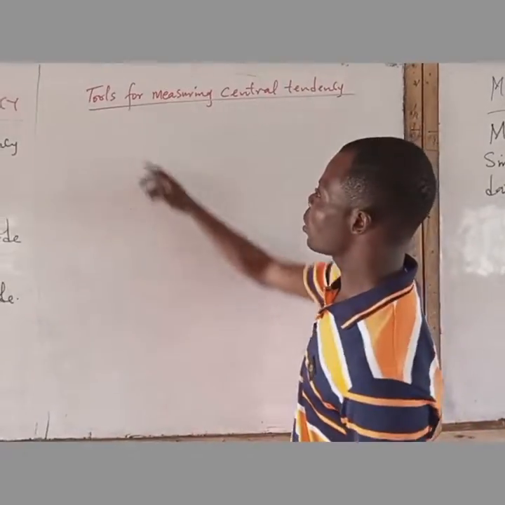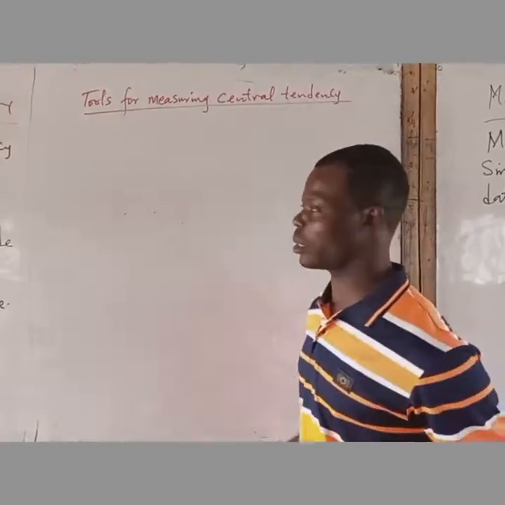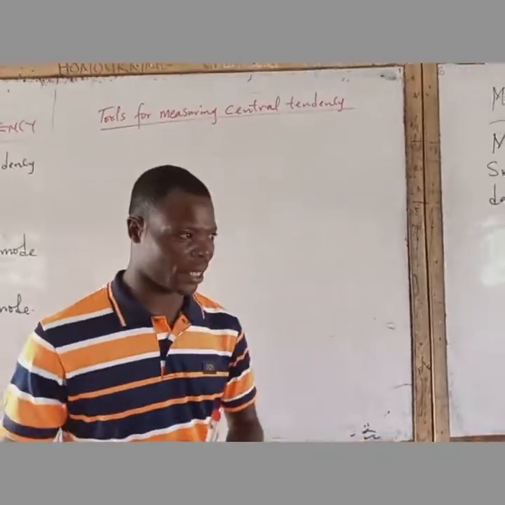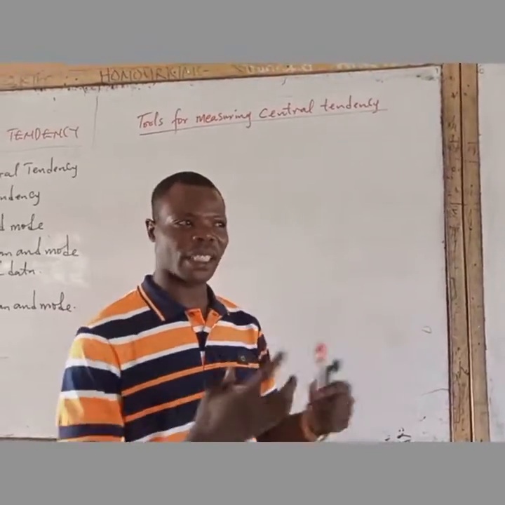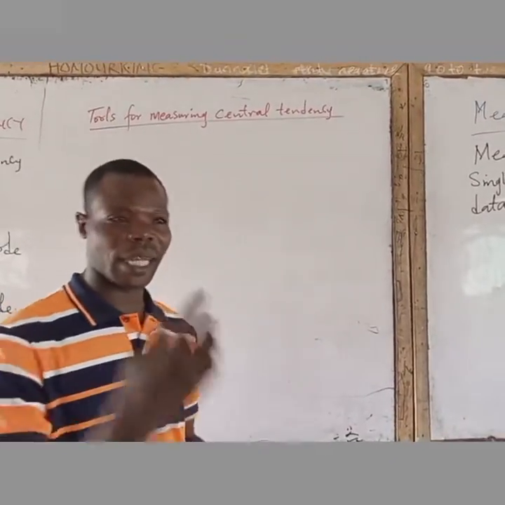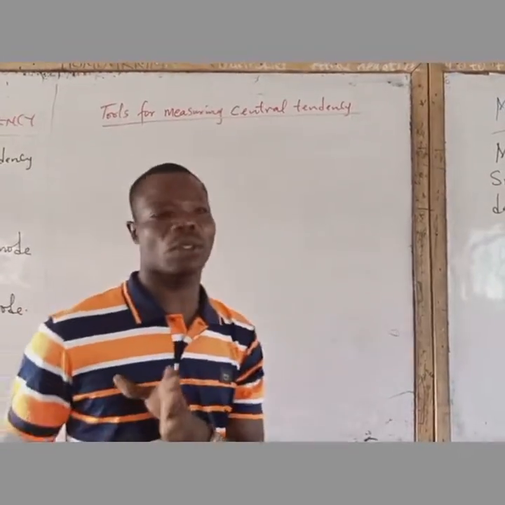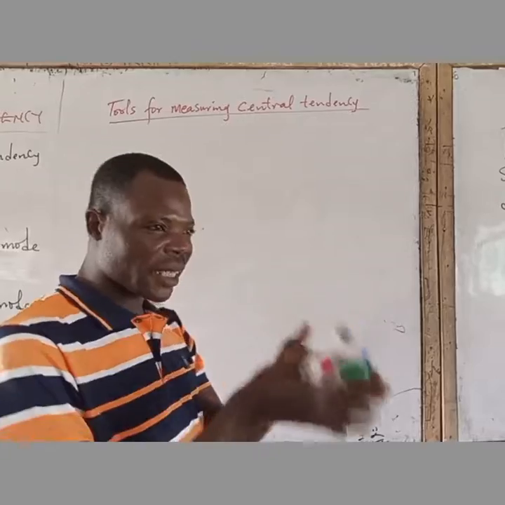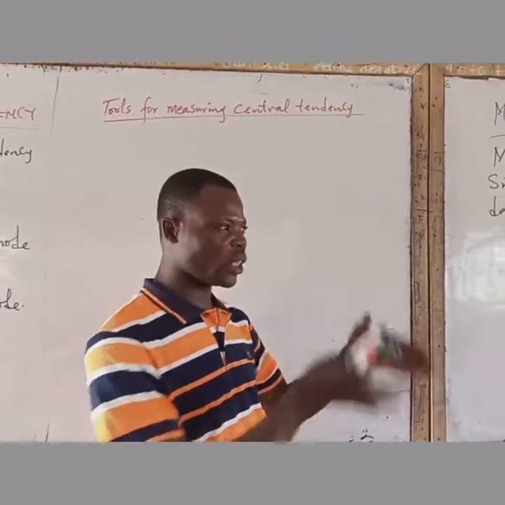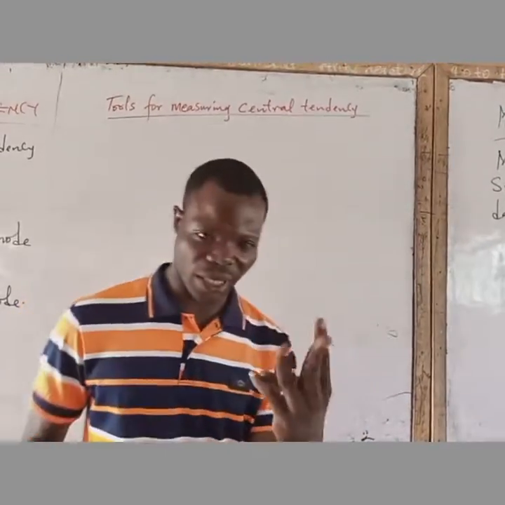So let's look at the tools for measuring central tendency. What are the tools? When we say tools in statistics, we have some statistical tools or measures that we can use in data analysis. The ones we can use to measure the central tendency of any given set of data, or to get the location of any data set, are three.